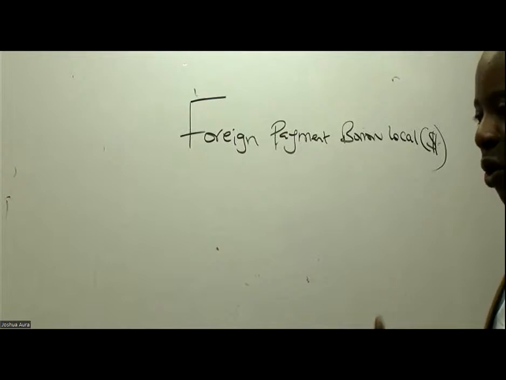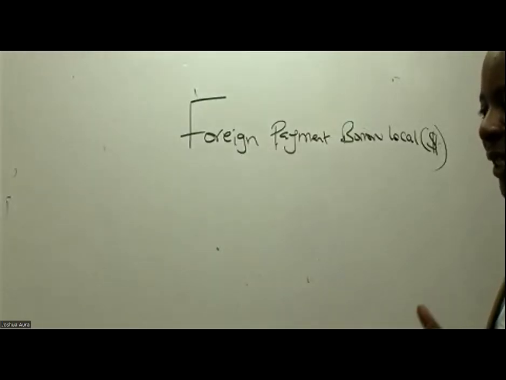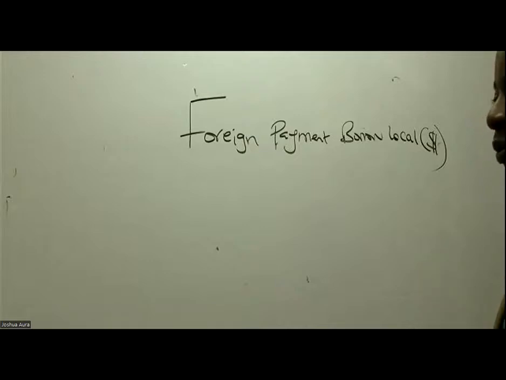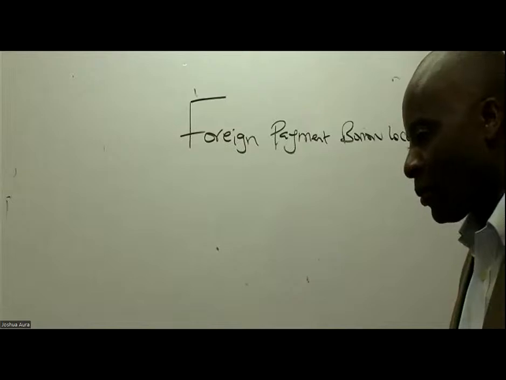So they are going to borrow the local currency. Sorry, it could be the network that is low, which is affecting students. I'll make improvements on that. So, foreign payment, you borrow local.